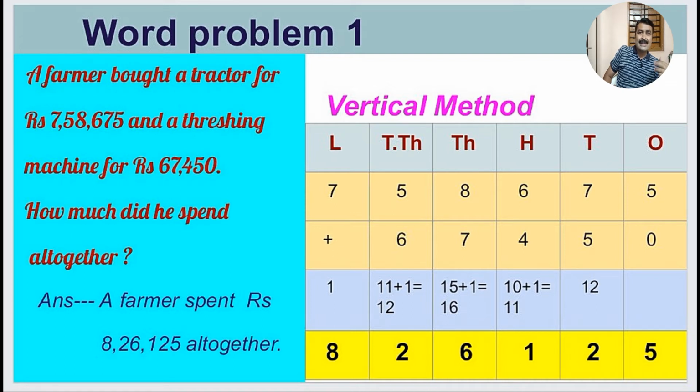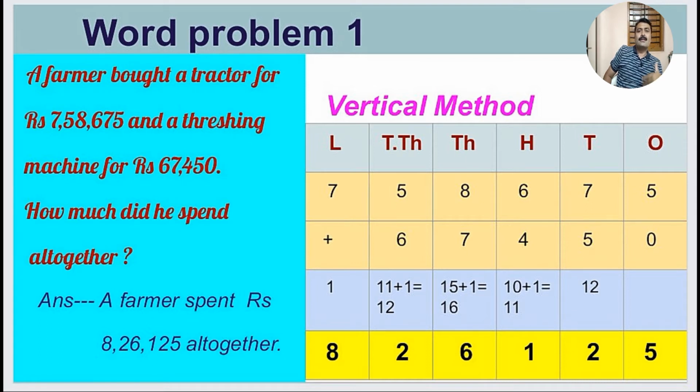How much did he spend altogether? In that question, the two words that ask the question, how much and did, these two words we remove, and we can replace them with our answer, or you can continue the answer in this way: a farmer spent rupees 8,26,125 altogether.